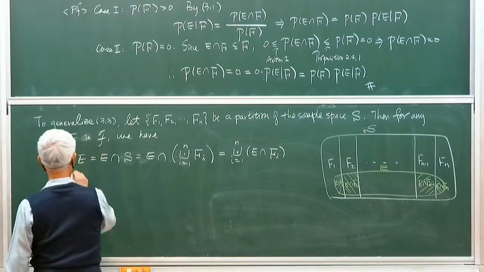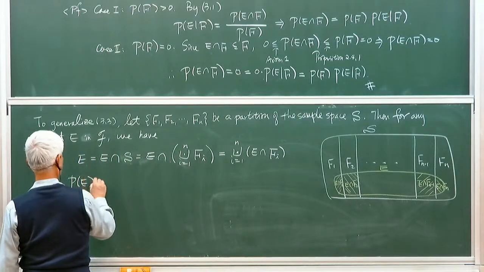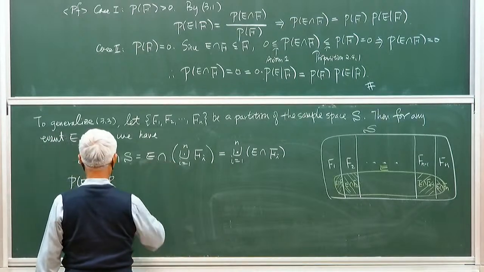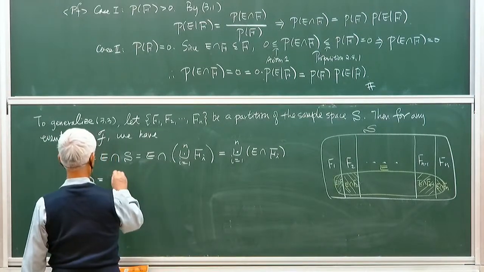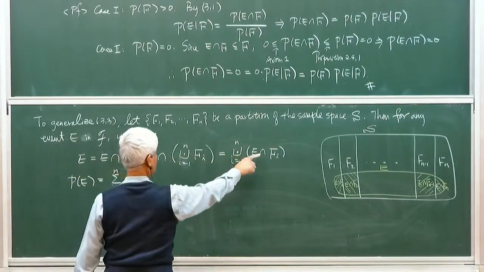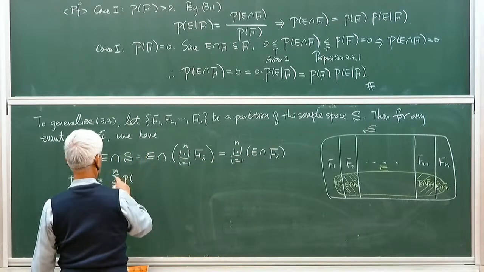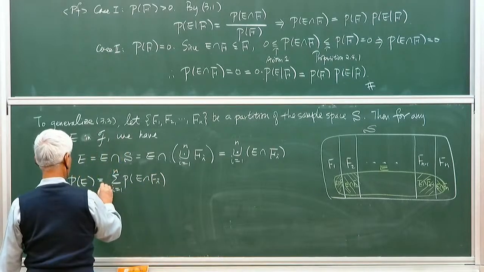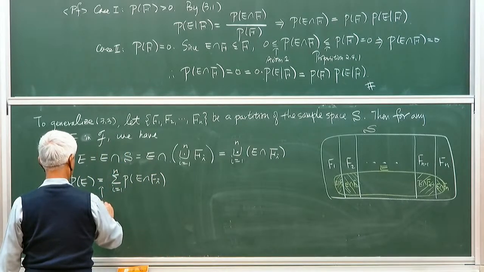And so the probability of E comes to the sum of the probabilities of E intersect Fi, by finite additivity.